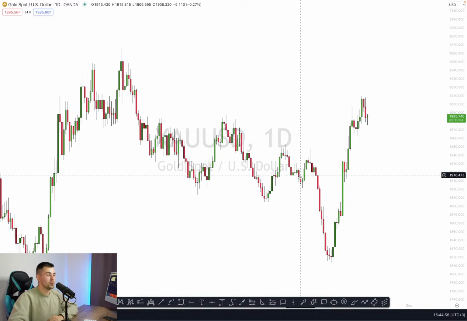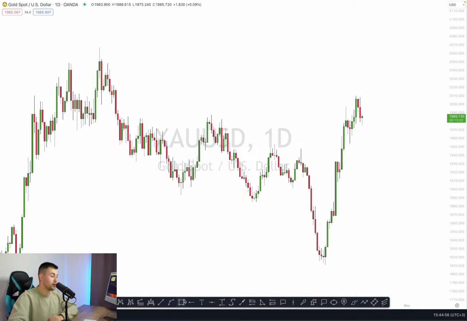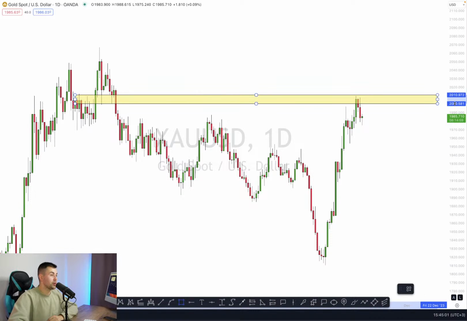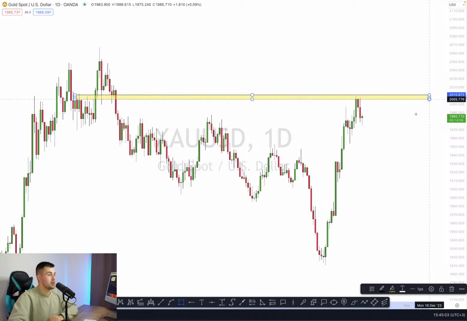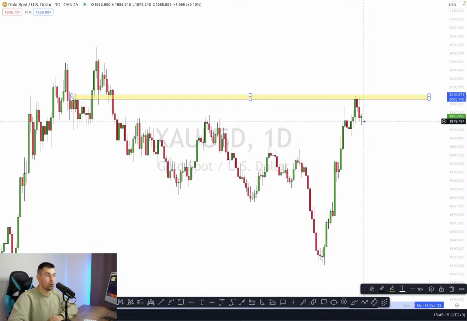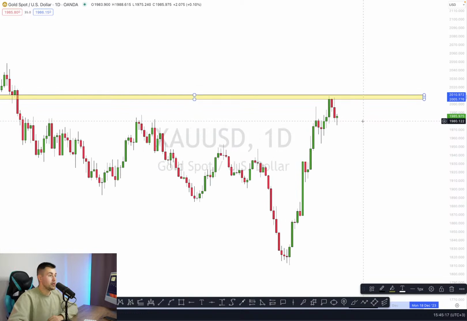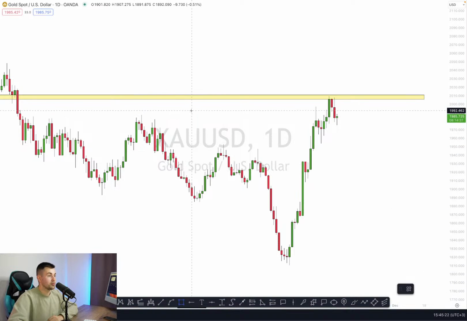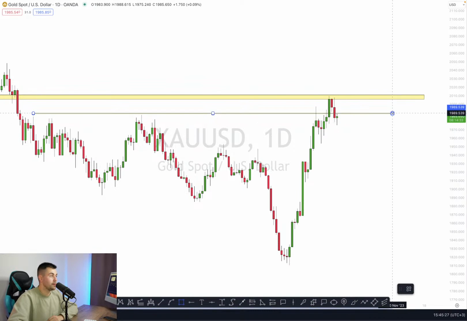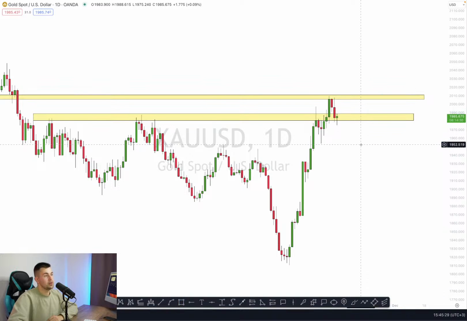Anyway, what we can spot from a core perspective is that for now, gold perfectly respected that horizontal resistance. Analyzing the structure on a daily, you can see that the horizontal structure cluster was respected. We touched that structure, we dropped, we retested it, and then we dropped lower. At the same time, if we look left, we can spot that gold is coiling around a very peculiar support.